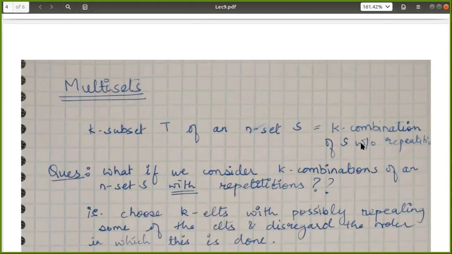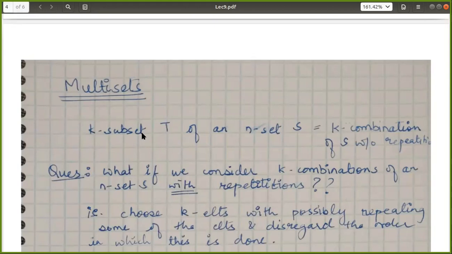If you see only a W with a slash, that means with. So as you have correctly pointed out, if I am allowing repetitions, I can't call it a subset. I will have to call it a multiset or a sub-multiset, depending on where I'm working. When I call this a subset, of course, I have not allowed any repetitions.